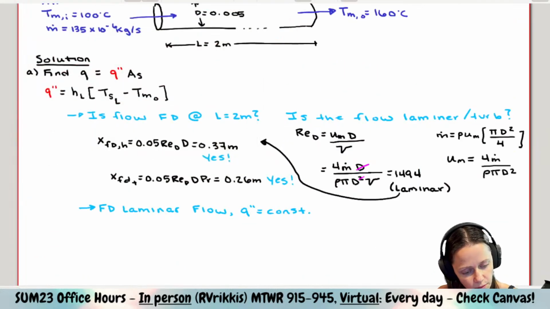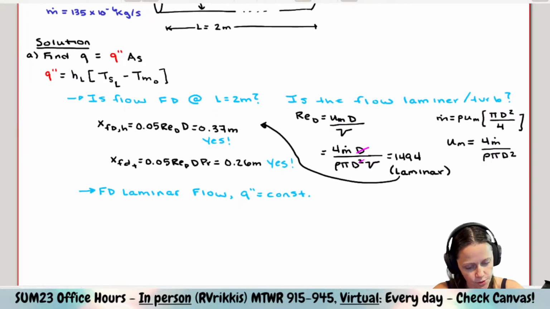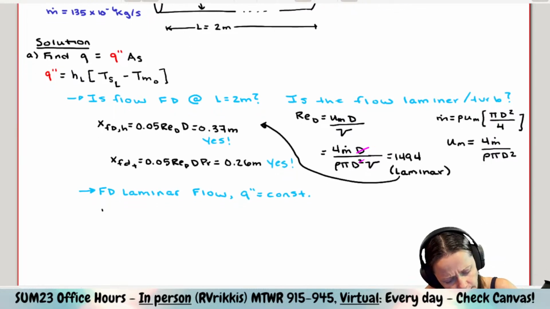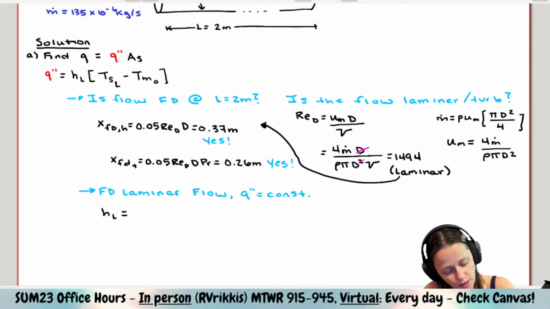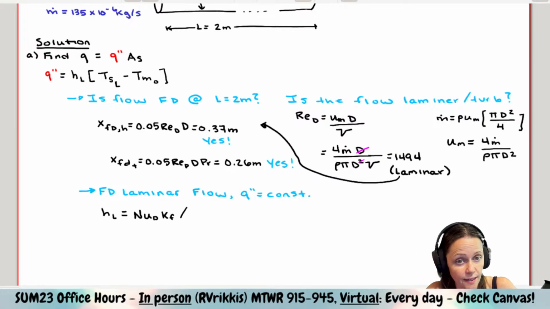So let me get rid of this guy. So I know that this local convective heat transfer coefficient is just going to be my Nusselt number times my thermal conductivity divided by my diameter.